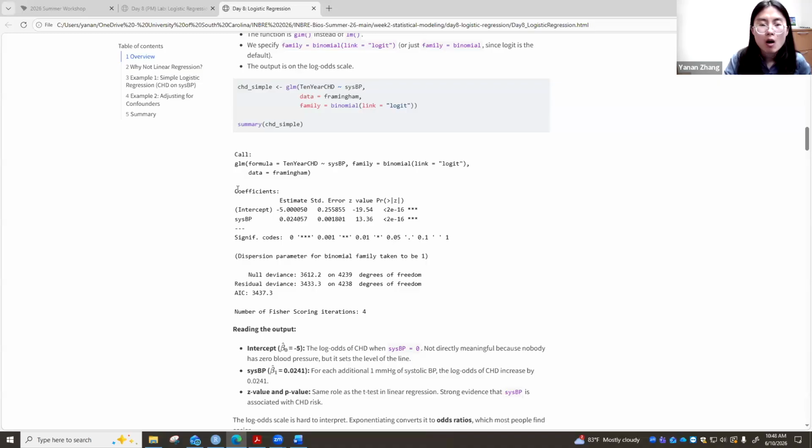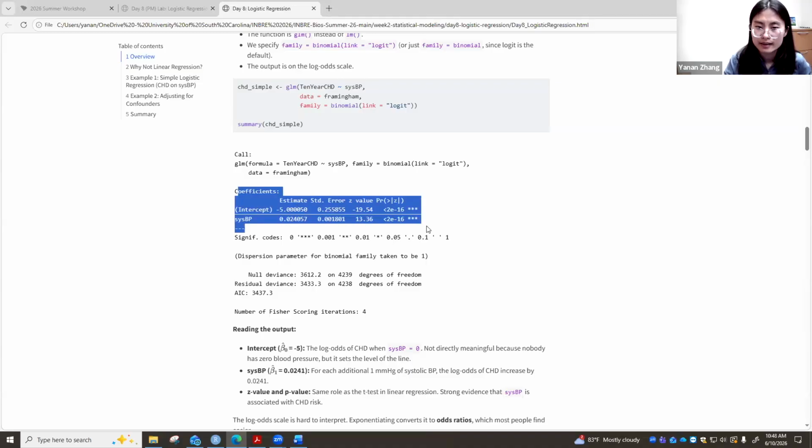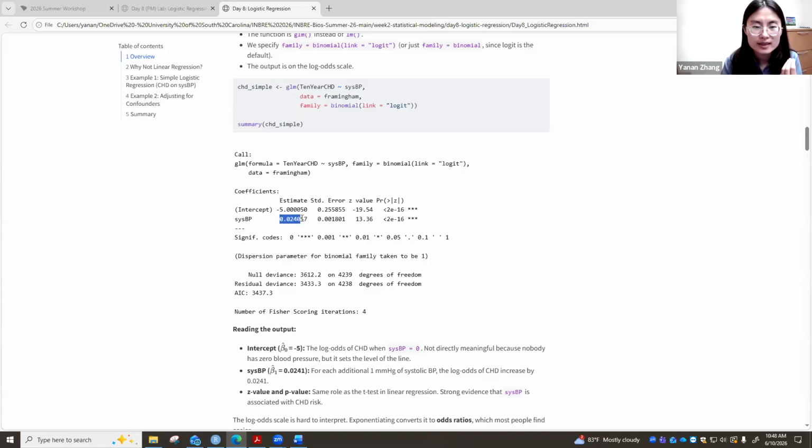All right. All those values here are on which scale? Log odds scale, odds ratio scale, or probability scale? Think about that. Actually, that's on the log odds scale. So how do we interpret this 0.024?